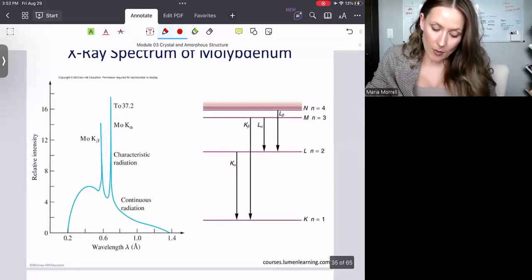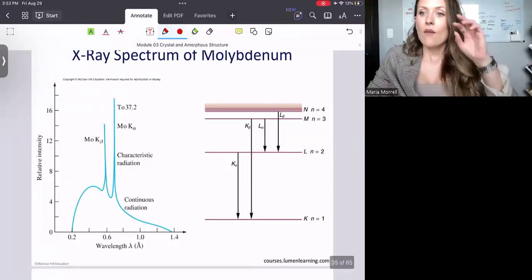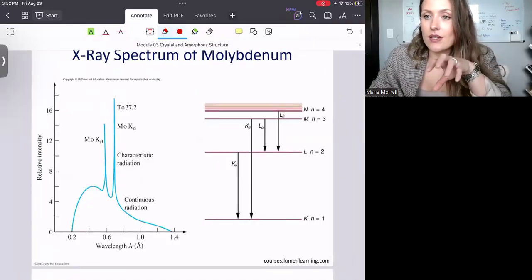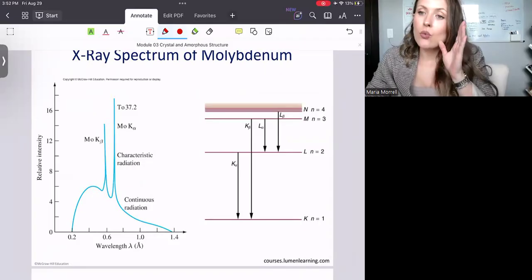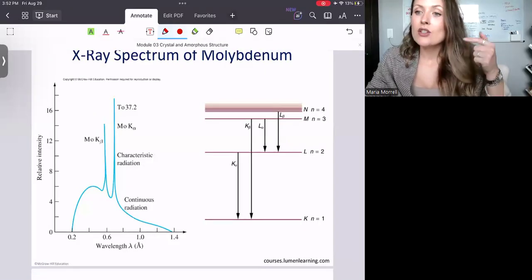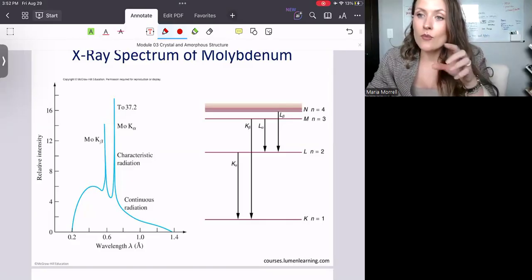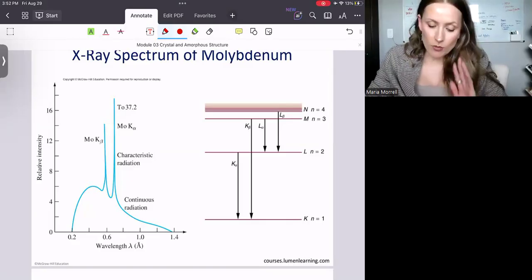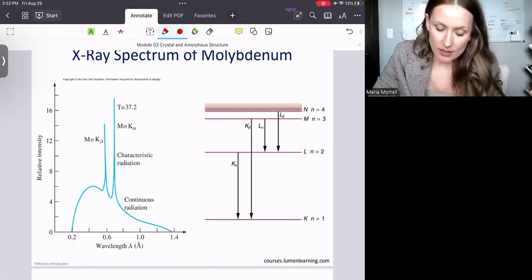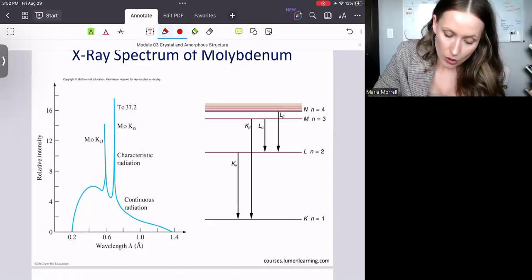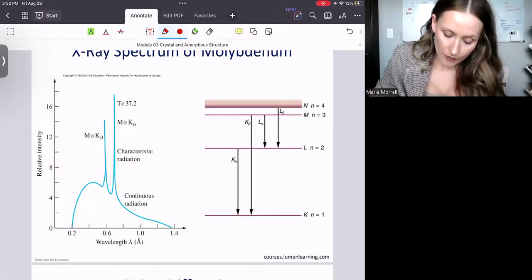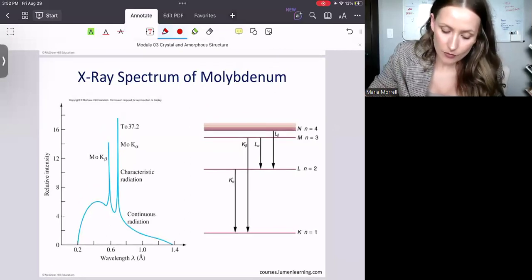Well, this is what happens in the material. The electrons that are accelerated toward the target knock out the inner electrons from the metal. So if you remember, and I'm going to keep a very simple structure, we had a nucleus, we've covered it recently.